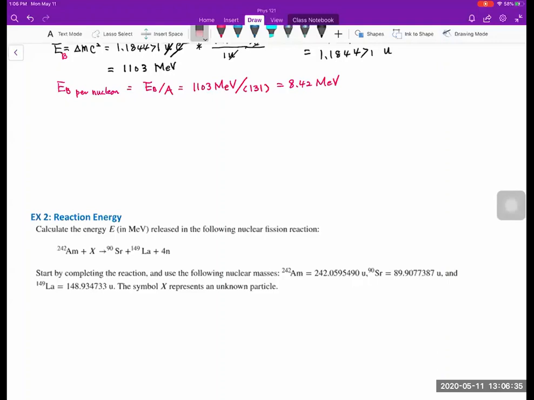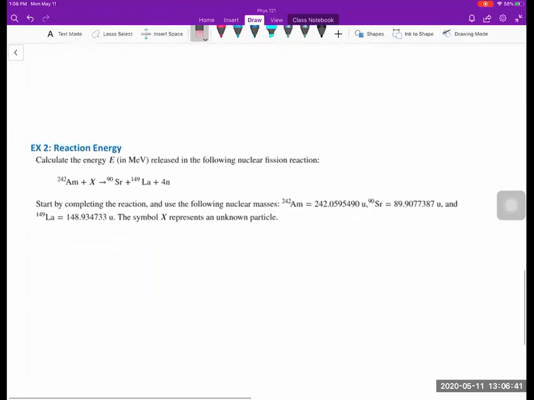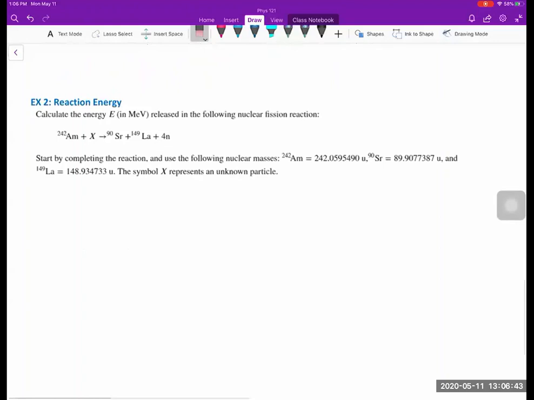Okay, so the reaction is very similar to the previous one. For the reaction, the first thing you need to know is how to balance the equation. You need to find what the elements in there are, and whether multiple particles will be emitted from this equation or not. The way to figure it out is to look at the two numbers by each element.